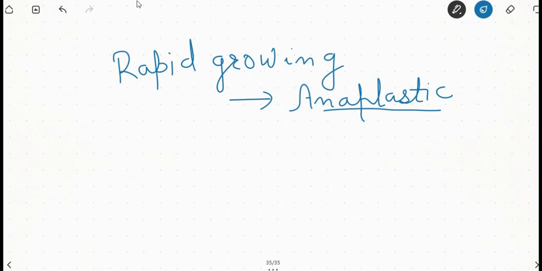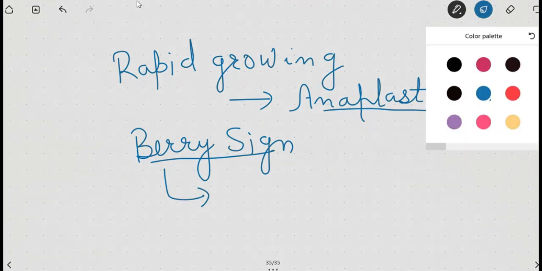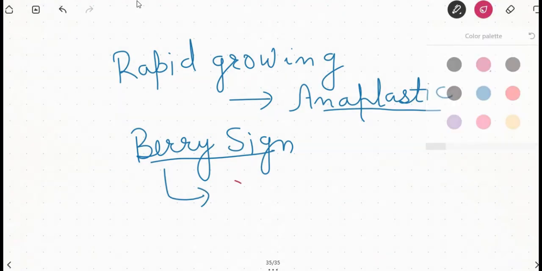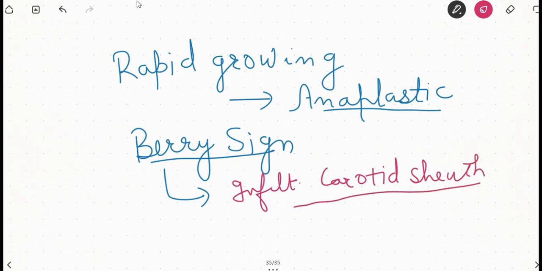Berry sign is positive. What is that? The infiltration of the carotid sheath is the Berry sign. So in such a case, the common carotid artery pulsation will not be palpable. So there is early fixity.